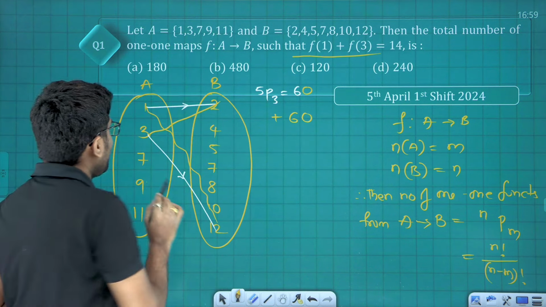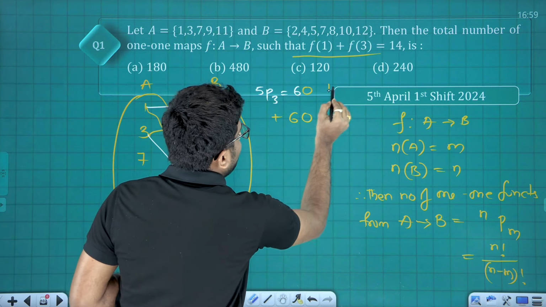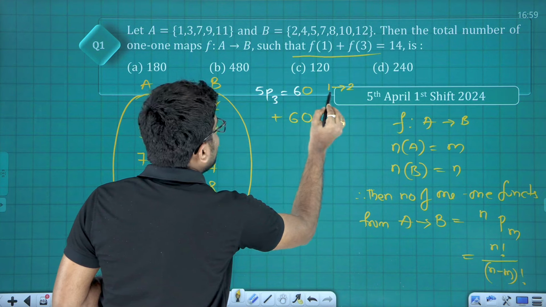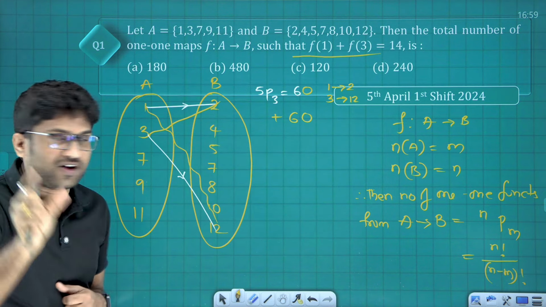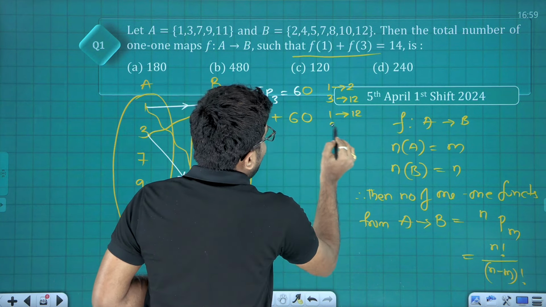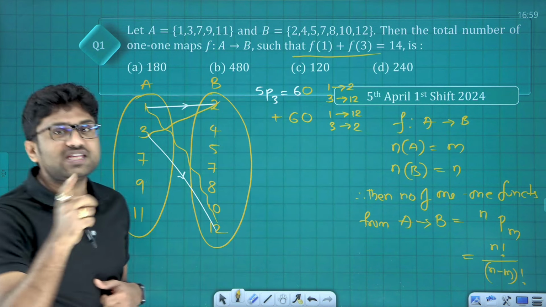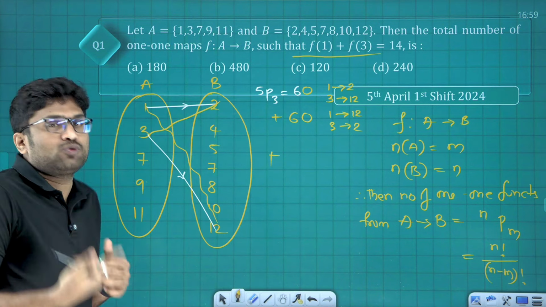Clear? Are you getting me, friends? So see, 1 mapping with 2 and 3 mapping with 12, in this case we have got 60 1-1 functions. The second case is we mapped 1 with 12 and 3 with 2. In this, 60 more. Plus any other possibilities we have to check.